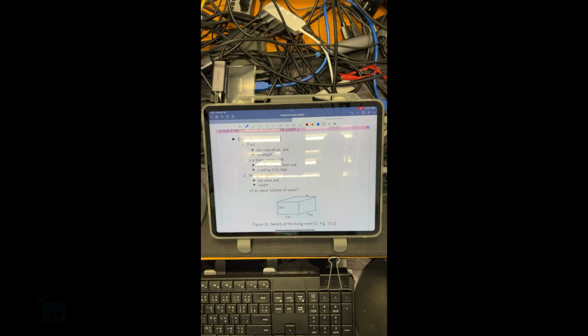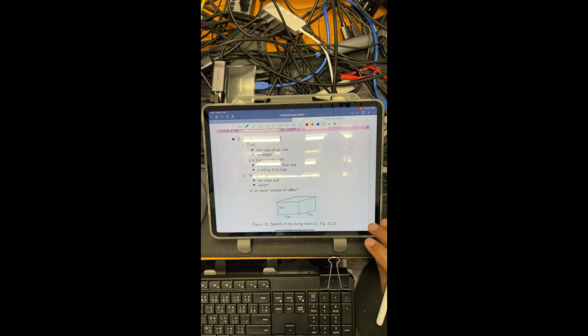Usually in the house we would have a cubic room, right? We would have a width of 5 meter, a length of 4 meter, and a height of 3 meter. And the second question is, what would be the mass and the weight of an equal volume of water?